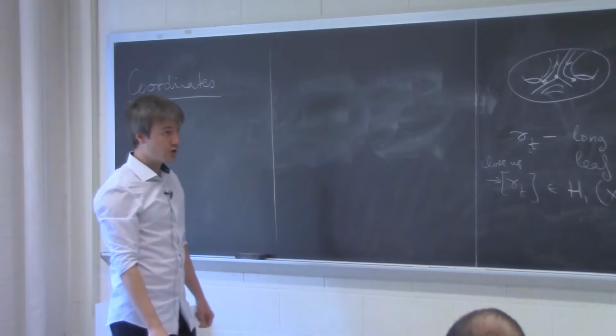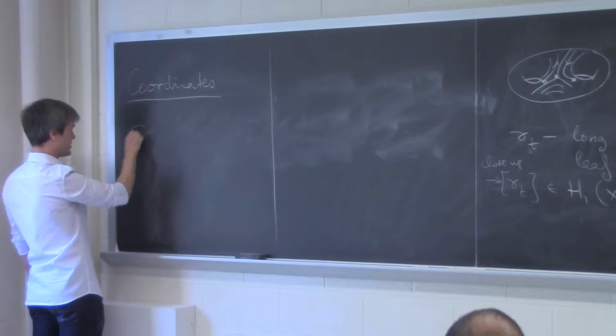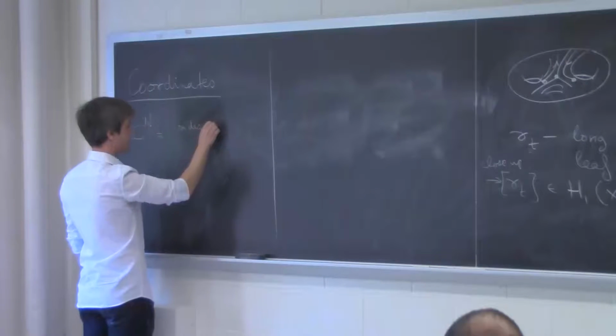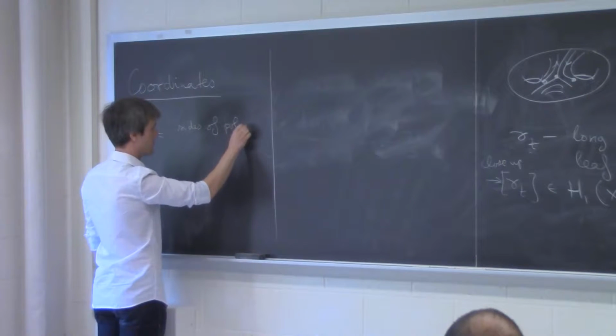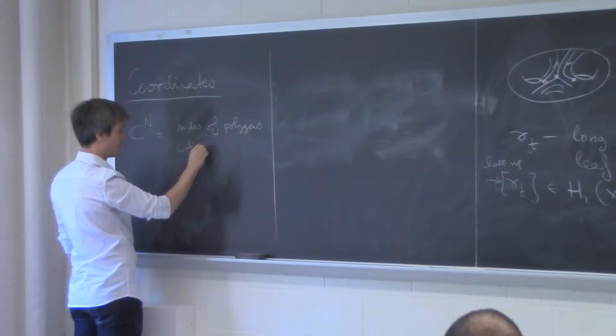They're given by this combinatorial description, and they come from some C to the n, which is the sides of the polygons, with appropriate relations imposed.